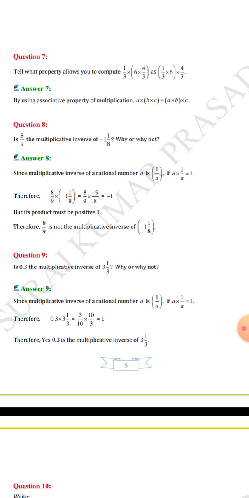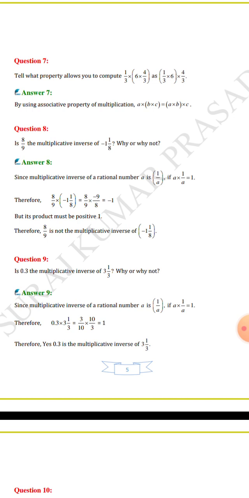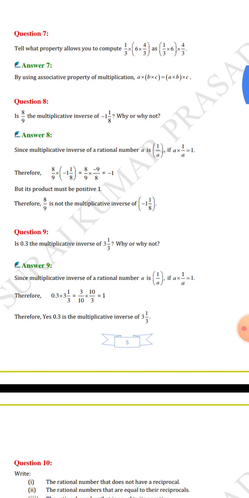But its product must be positive 1 because according to the multiplicative inverse, A into 1 by A is equal to 1. It is a positive 1, but we have got negative 1. Therefore, 8 by 9 is not the multiplicative inverse of minus 1, 1 by 8. Let's solve the next question.